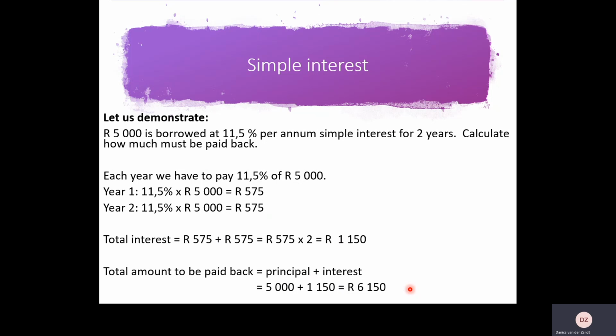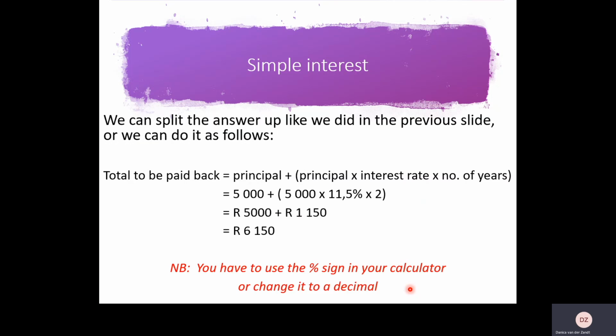You are more than welcome to split it up that way, and it is best to understand that is what is happening, especially when we come to compound interest. We are calculating at every point, but we can make it a bit simpler. We can do it in one calculation: 5,000 Rand times 11.5% for 1 year, then times 2 for 2 years.